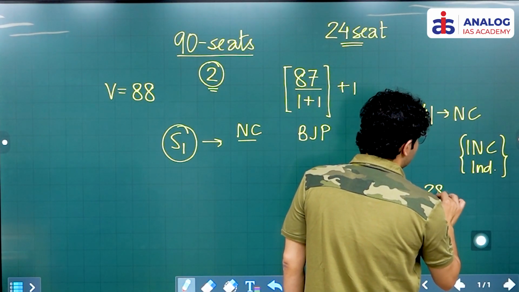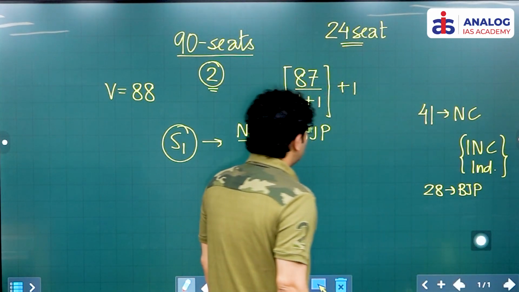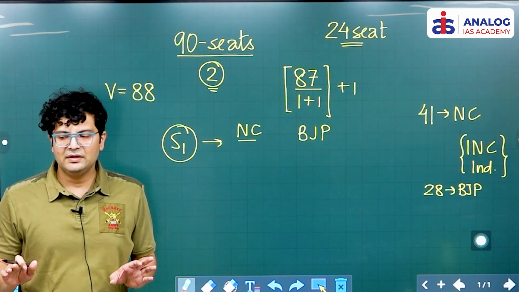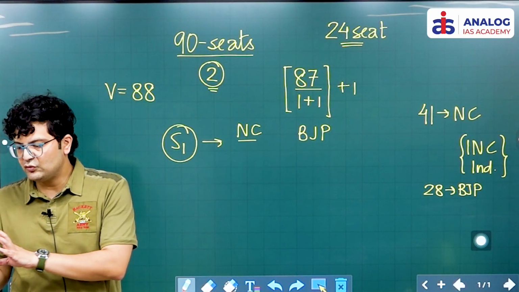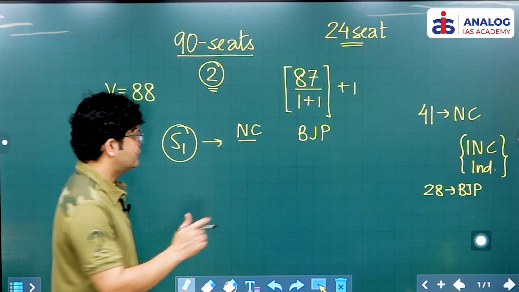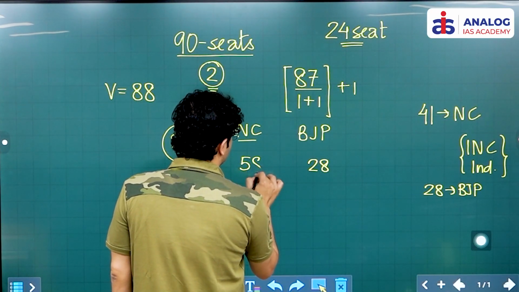BJP has 28 MLAs. After the first round, things were very clear: BJP got all its 28 votes and NC got 58 votes.